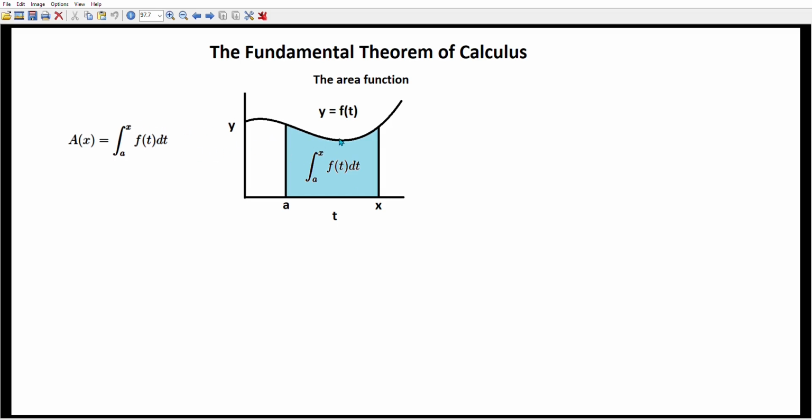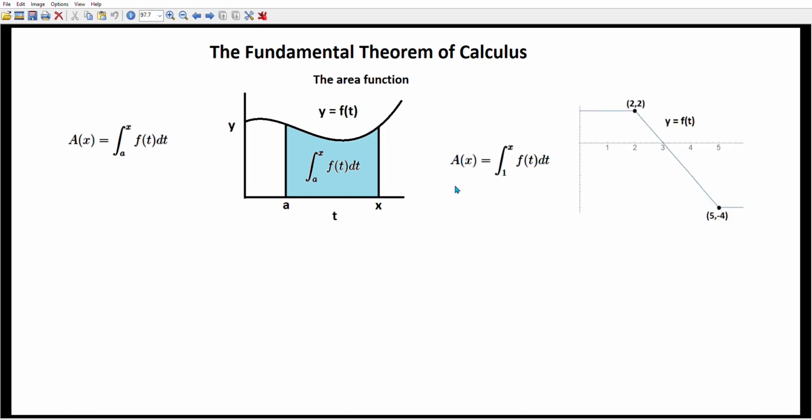It cannot also be the variable that describes the curve between there. So this is the notation that we use for this area function. Notice, however, it's a function of x, depending upon where the right-hand endpoint is, not the name of the variable that we use for the function.